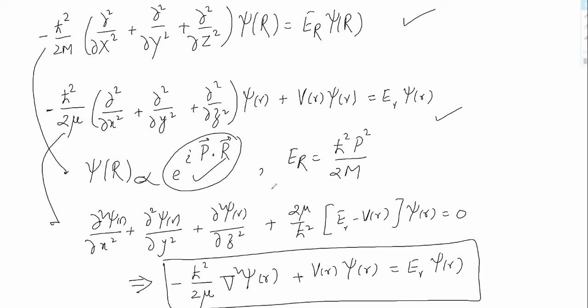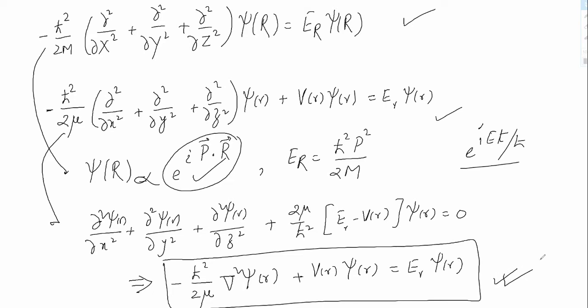And for all the physical evaluation, the time dependent part gives us e to the power minus iEt by h cross, and that we left out because in all the expectation values you will have e to the power iEt by h cross as well. Therefore, overall this is not going to play any role for the time independent problem.